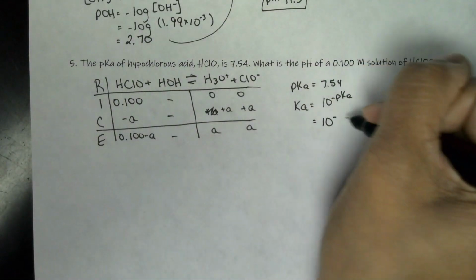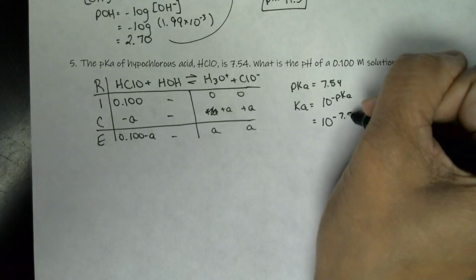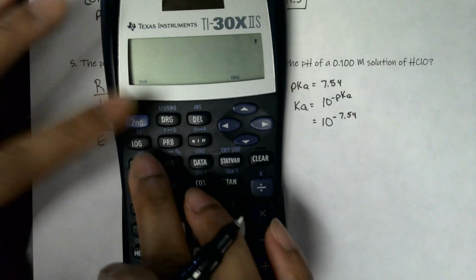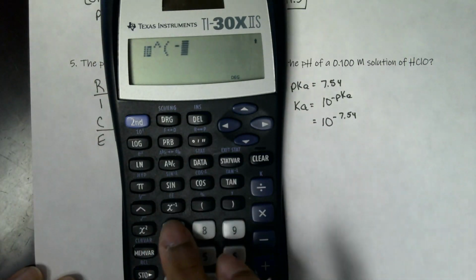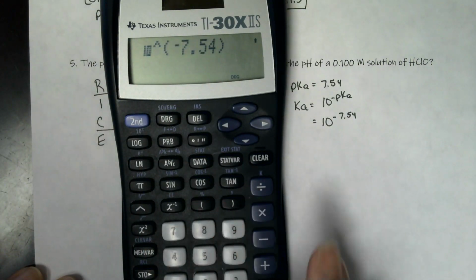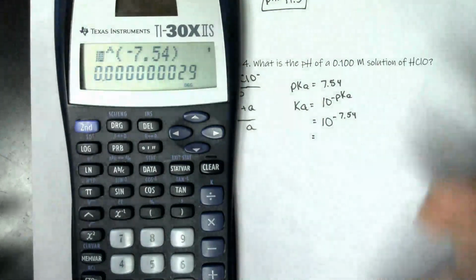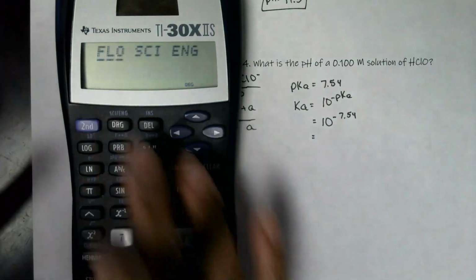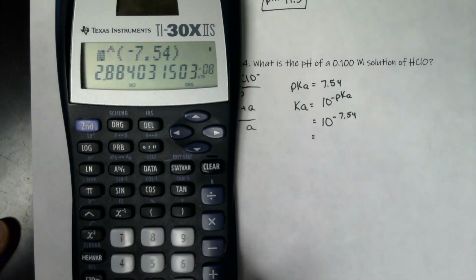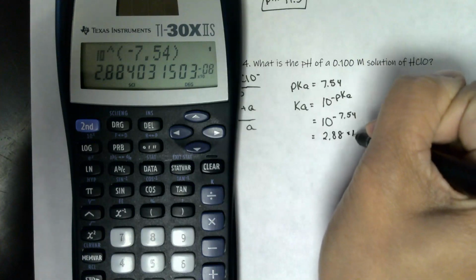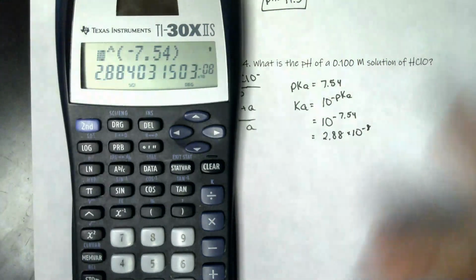So I've got 10 to the negative 7.54. All right, a bunch of zeros. And you can always change this into scientific notation. Yeah, there we go. So I've got 2.88 times 10 to the negative 8 as my Ka.